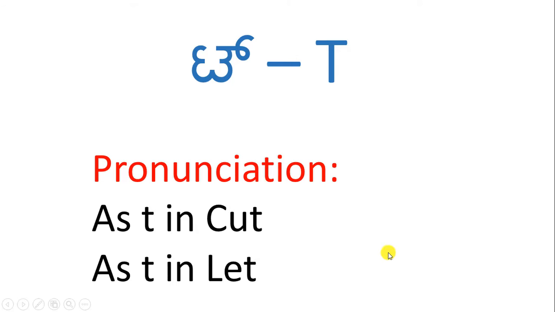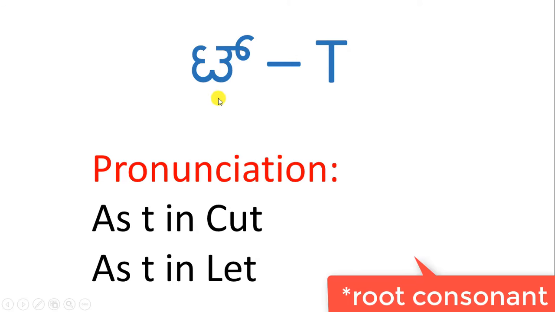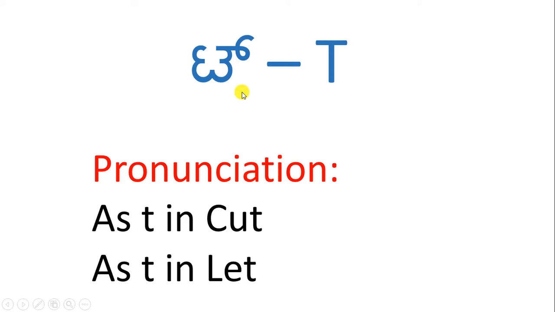The next consonant is t. It is written like this, and the pronunciation is as small t in cut, or as small t in let. If c and u are not there in cut, it would sound like t, right?